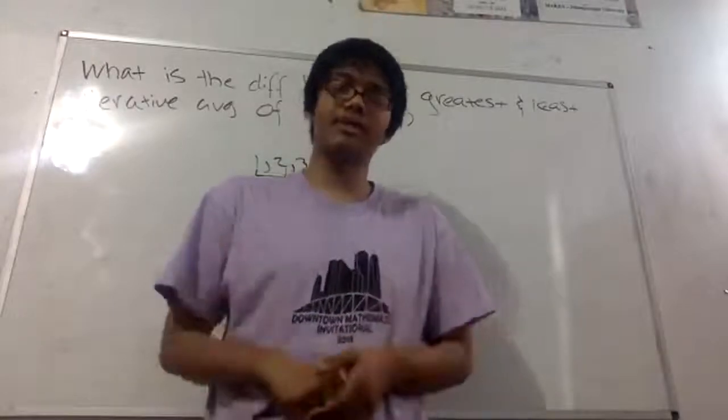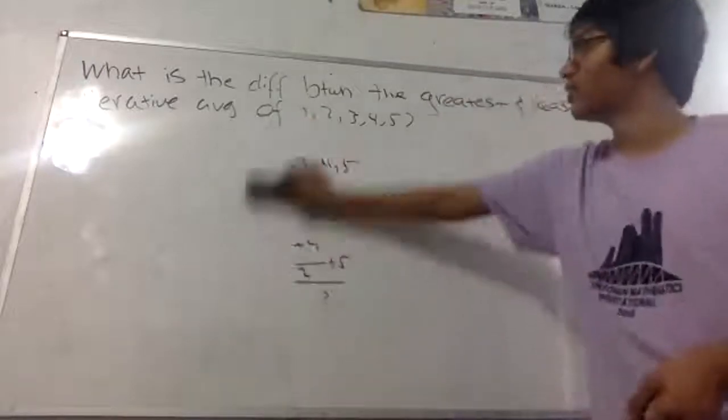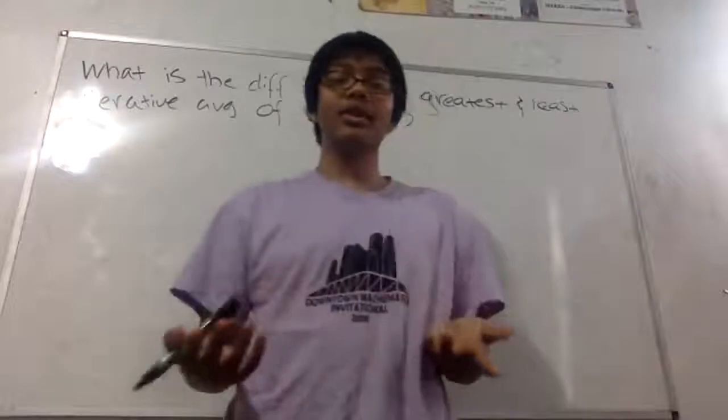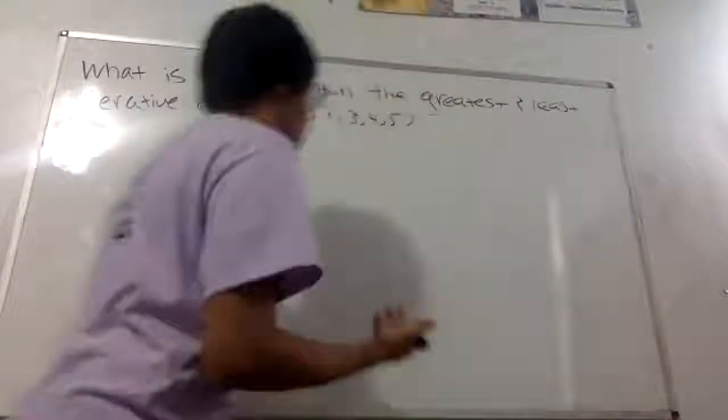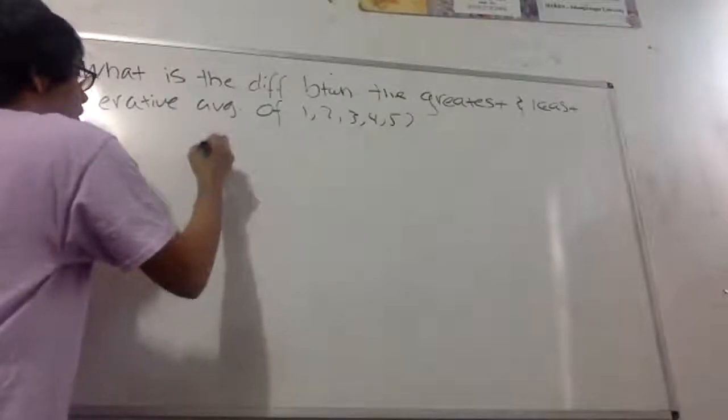So that's what an iterative average is. So how can we apply that to this problem? Well, the first thing you can do is generalize. An iterative average, no matter what way you arrange the terms, will look something like this.